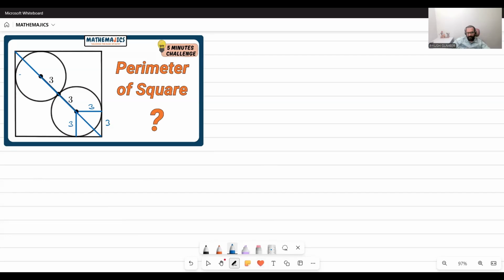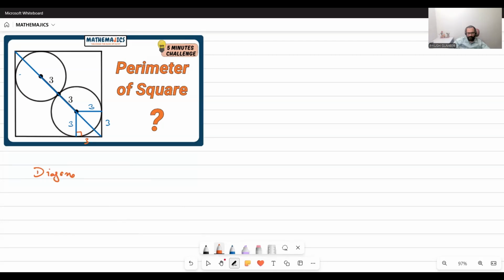So first of all, let's find the diagonal of this small square. What will be the diagonal of this small square? Let's apply the Pythagoras theorem. As I told you, this radius is touching tangentially. This is 3 and this is also 3, so this is like a right angle triangle. We can easily find the diagonal.